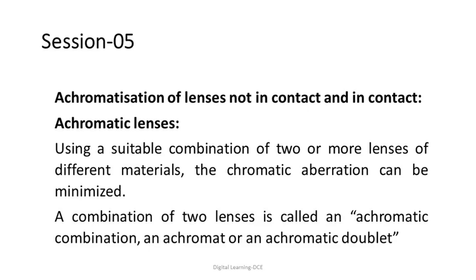Using a suitable combination of two or more lenses of different materials, the chromatic aberration can be minimized. A combination of two lenses is called an achromatic combination, an achromat, or an achromatic doublet.